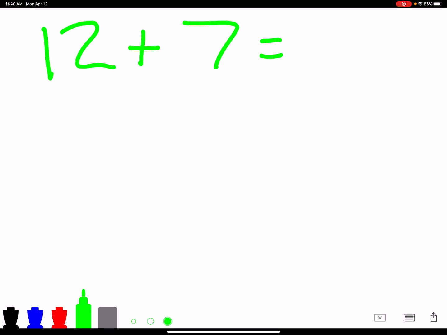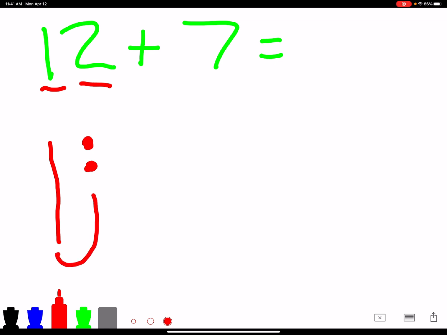If we look at our tens place in the number 12, what's in our tens place? We have 1, so we'll draw one rod to represent 10. And what's in our ones place in 12? It's 2. So in this middle we have 10, and then 11, 12.